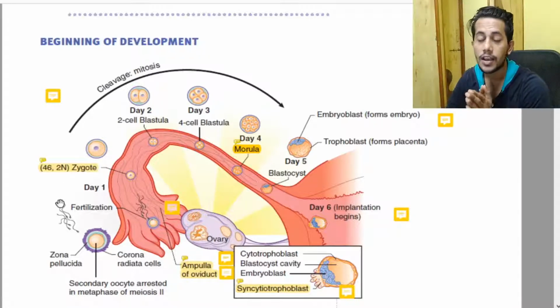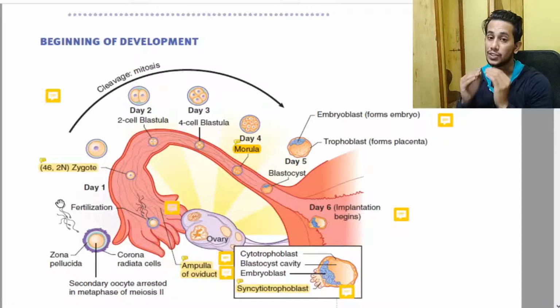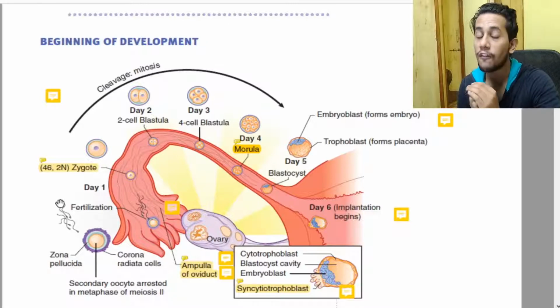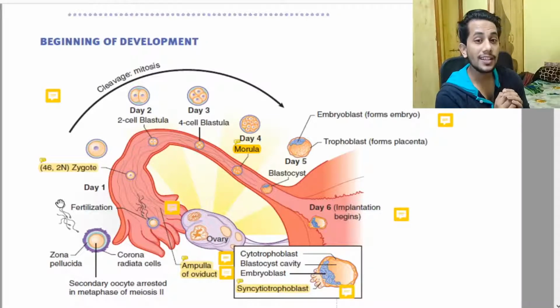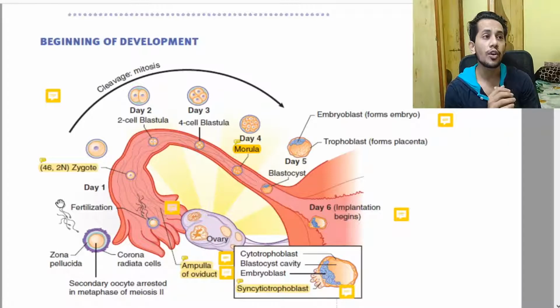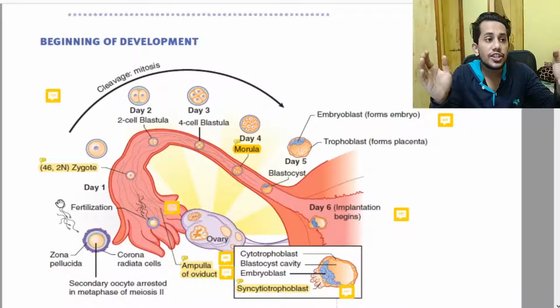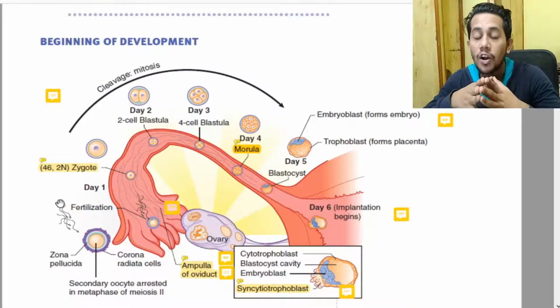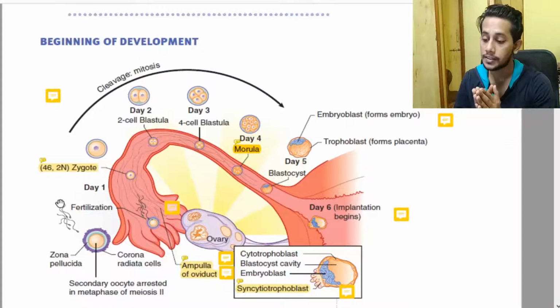This zygote, as I mentioned in the previous chapter, before the process of meiosis 1, this zygote will divide by the process of mitosis. Now in any other organ, let's just say liver, intestine, stomach, skin, the process of cell division through mitosis happens like this.